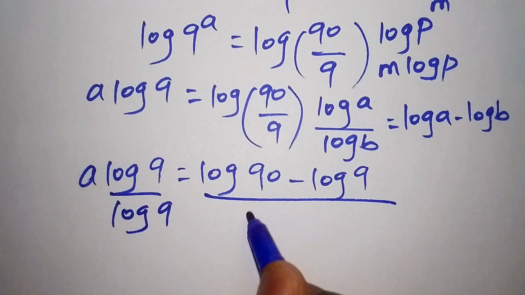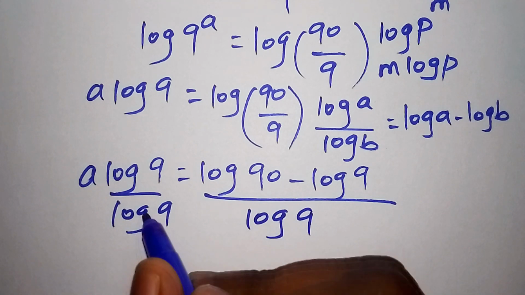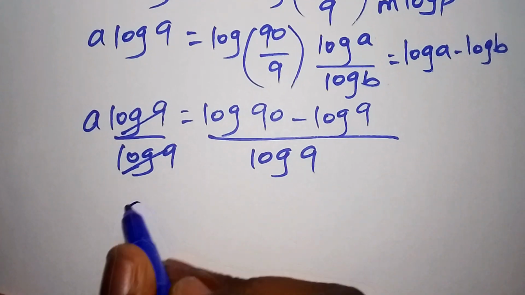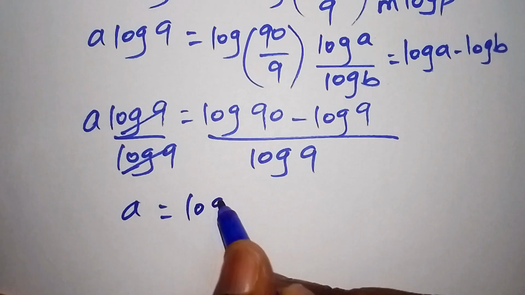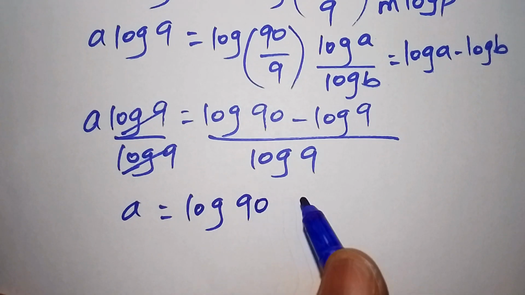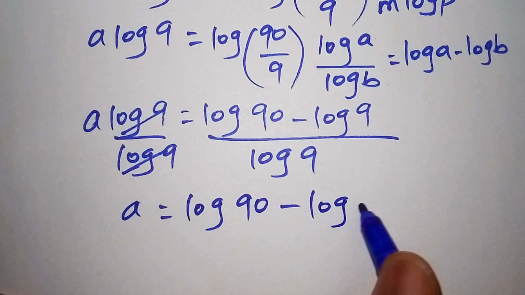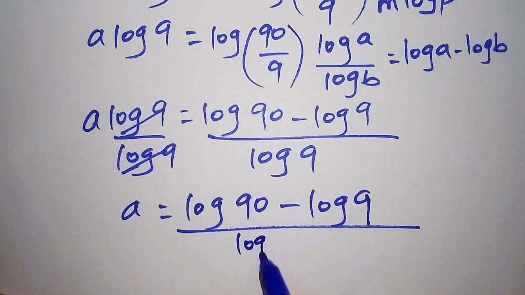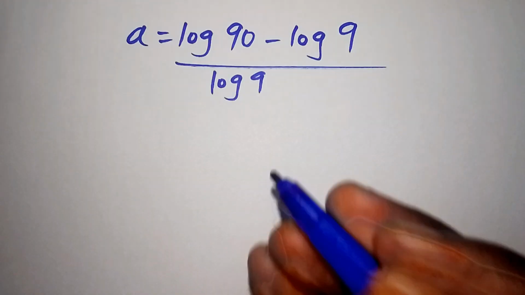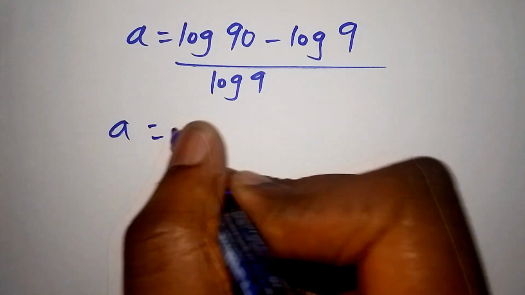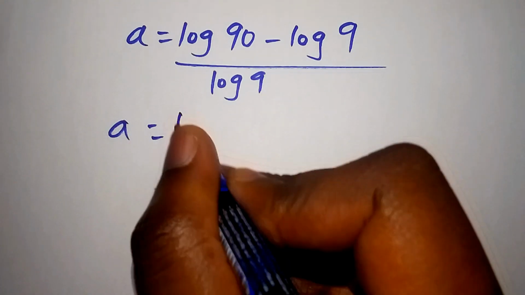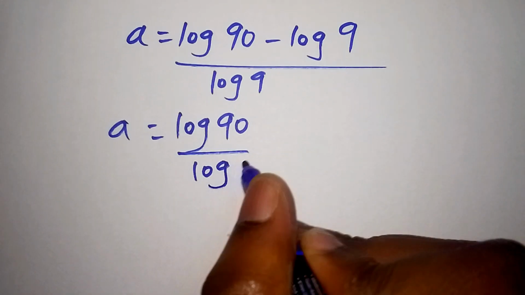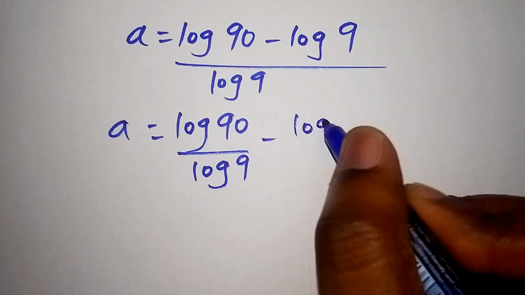So log 9 and log 9 cancel each other, so that the value for a equals the log of 90 minus the log of 9, all over the log of 9. The value for a now shall be written as log 90 over the log of 9, minus log 9 over the log of 9.